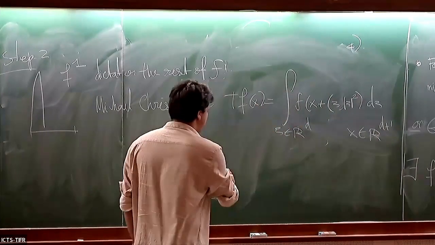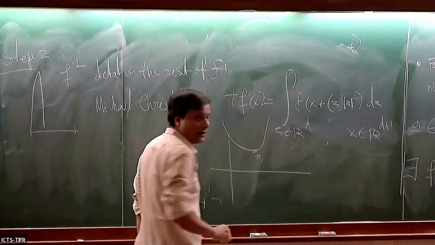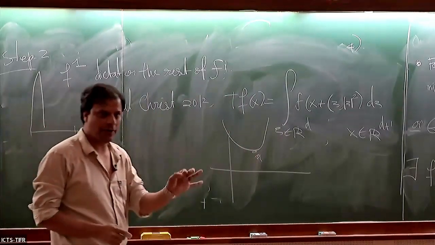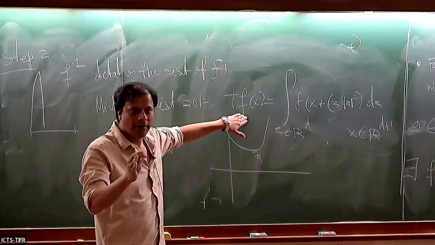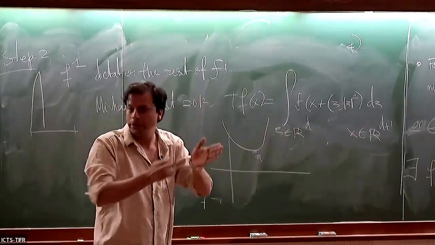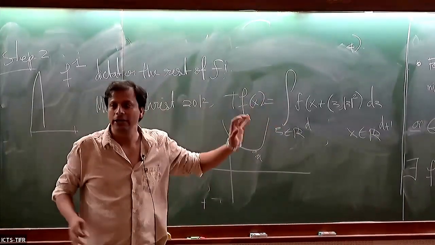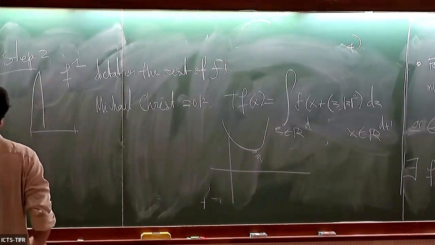If you look at the averaging operator with the paraboloid, so for any x, look at the paraboloid, take the integral of f, and he was trying to find whether extremizers exist, and that's why he introduced this concept that we can write f as a sum of things, and if I know what the first piece looks like, this will immediately tell us what the other pieces look like. The other pieces cannot behave randomly. I'll explain in more detail what I mean by this. Okay, so that's step 2.